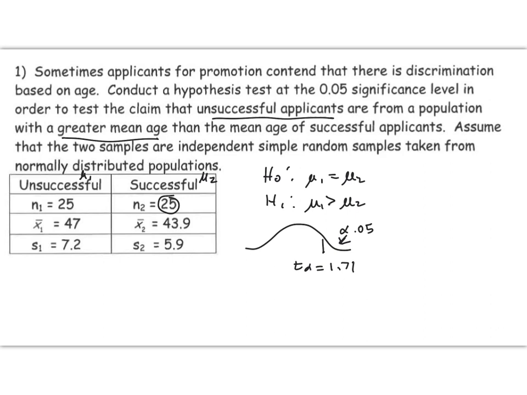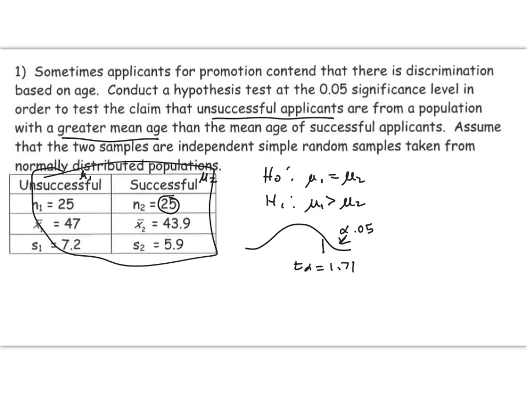All right, so now I have my test set up. I can go ahead and run the test to figure out what my test statistic and my p-value are. I go to stats, tests, and an independent mean comparison is done with number 4, the 2 sample t-test. When I choose that, I have the choice of either putting in data or stats. Here I have stats. I don't have data.